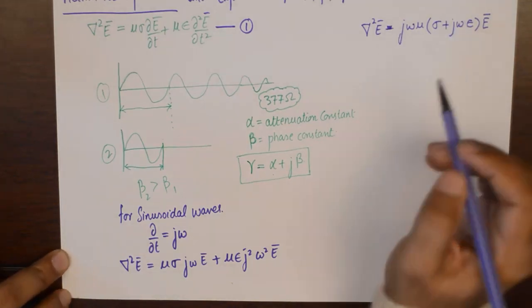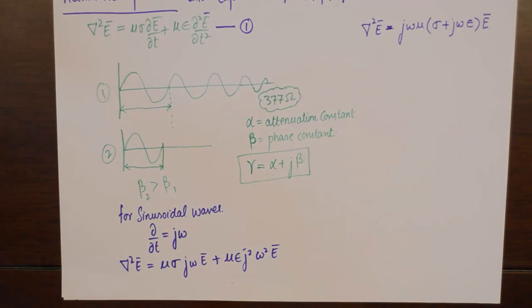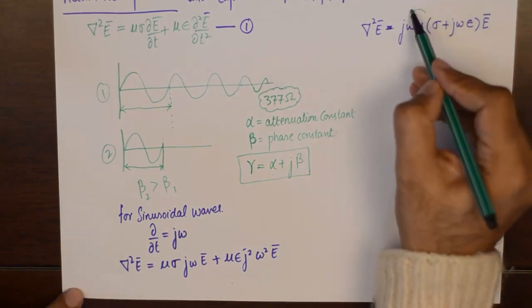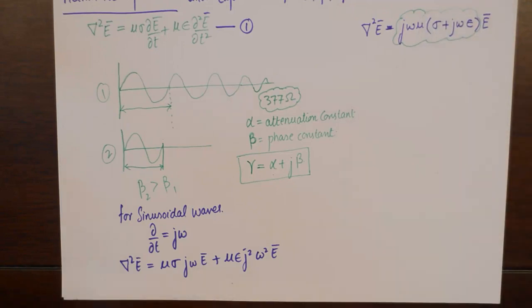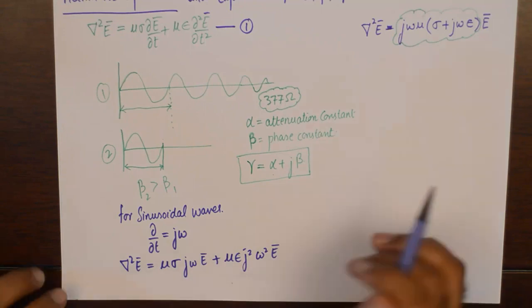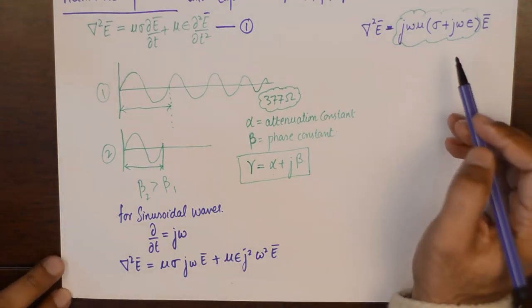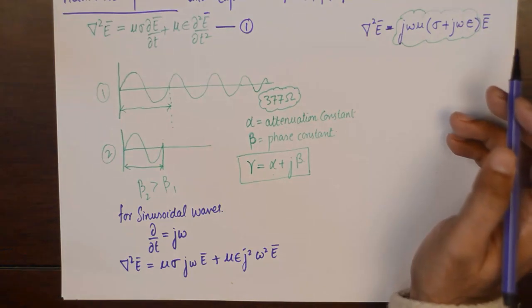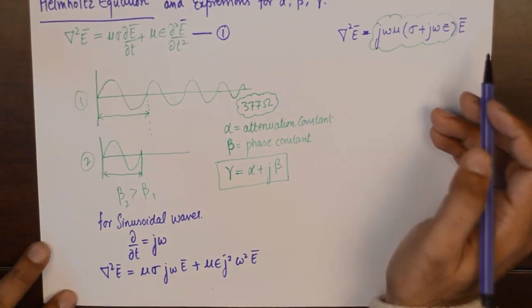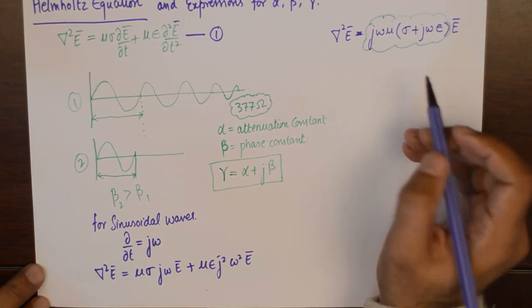Now this term here with the vector E on the right hand side is a little too cumbersome to understand, and it does not straight away give us the desired values for alpha and beta.